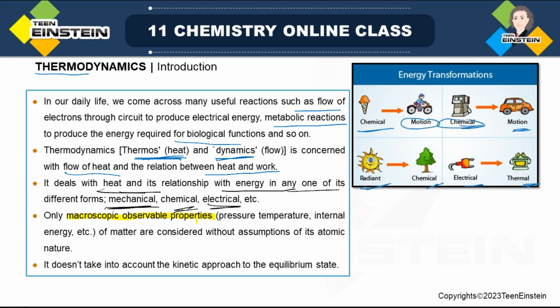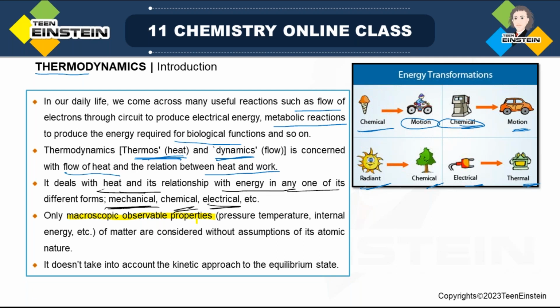macroscopic observable properties. When we talk about properties of any object, you can consider it from two points of view. Macroscopic point of view, that is whatever in macroscopic scale we are observing. Another is the microscopic point of view. When it is microscopic, you are dealing with atoms, closely looking at individual atoms or molecules, what type of properties there are, what roles they are playing.